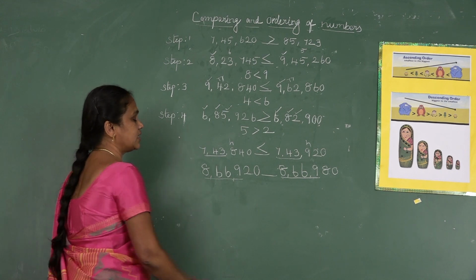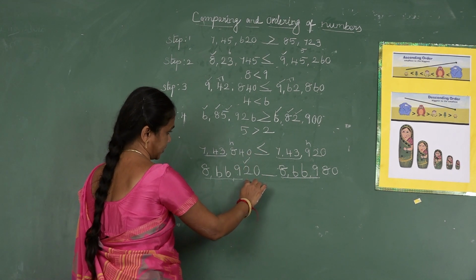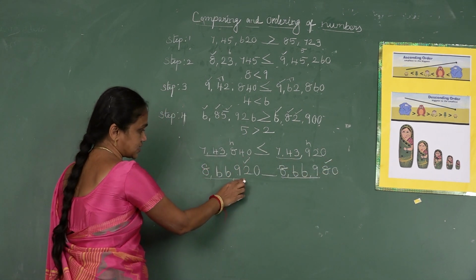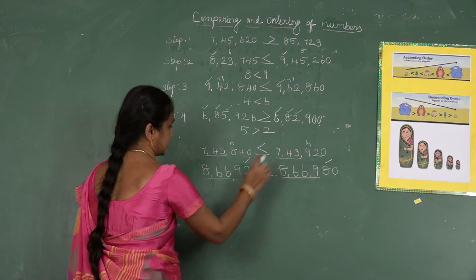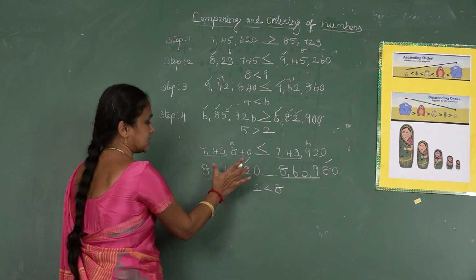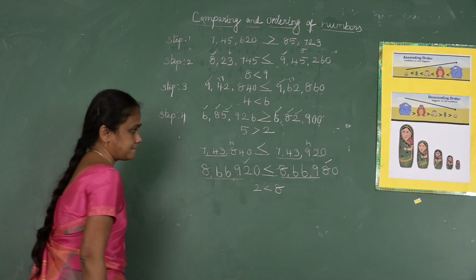So we compare tens digit. In tens place, here 2. In tens place, here 8. The 2 is less than 8. So this number is less than this number.